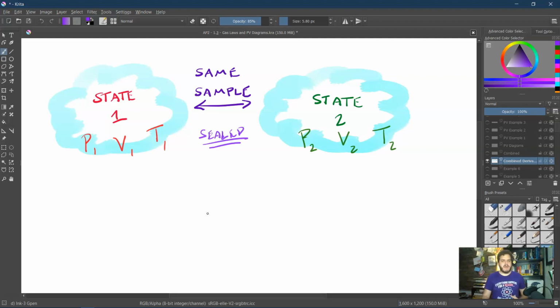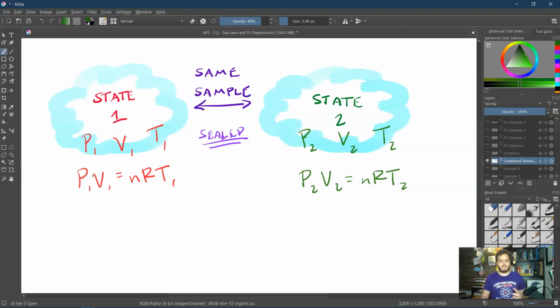So let's now write the ideal gas law for both of these. I could say this is P1 V1 equals nRT1. Now over here, P2 V2 equals nRT2. Well, let's rearrange this to find nR.